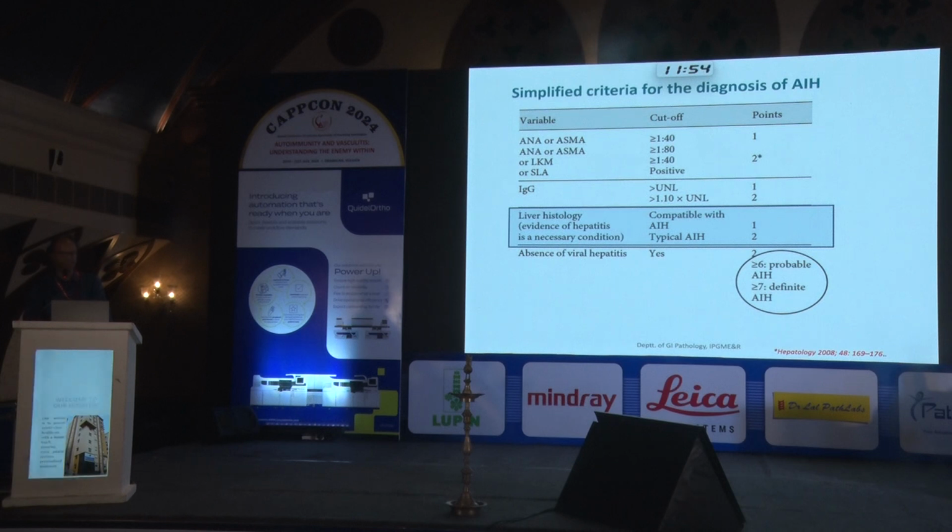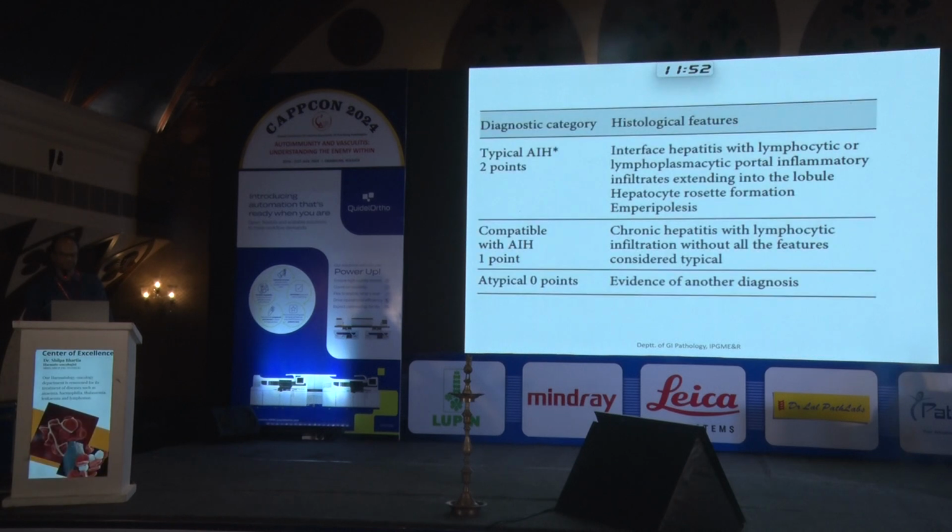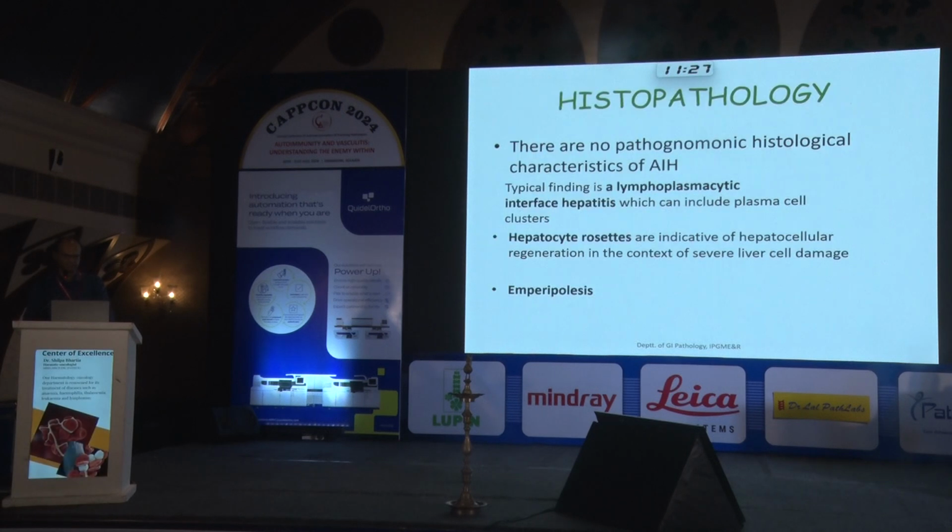So let us see what is typical and what is compatible. 3 features: lymphoplasmacytic interface hepatitis, hepatocytic rosettes, and emperipolesis. If these 3 are found in the liver biopsy, we take it as typical of AIH. While if any one of them is absent, it is taken as compatible, and presence of another liver disease makes it atypical for AIH.